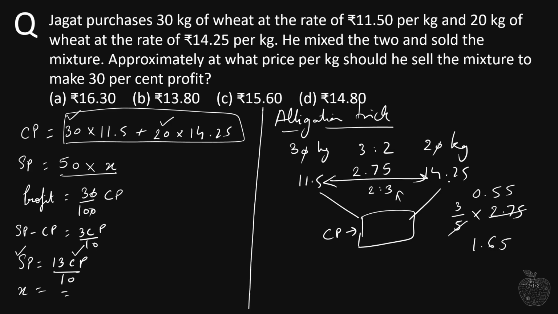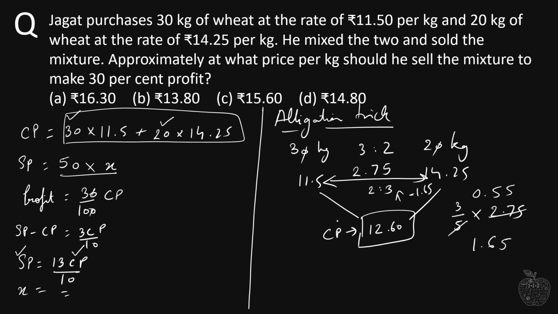Okay, and why is this so? Because whatever the value that will come in this box should be greater than 11.5 and less than 14.25. So that's why we subtract this 1.65 from this 14.25.